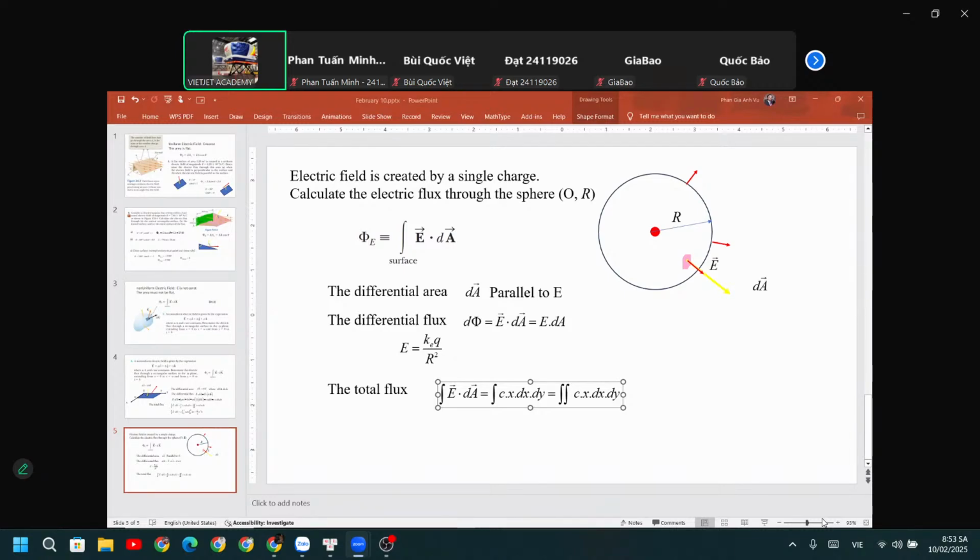You have the dA only inside the integral. Right? Because E is constant. It means we have to calculate the area of the surface here. The surface is the sphere with the radius R.